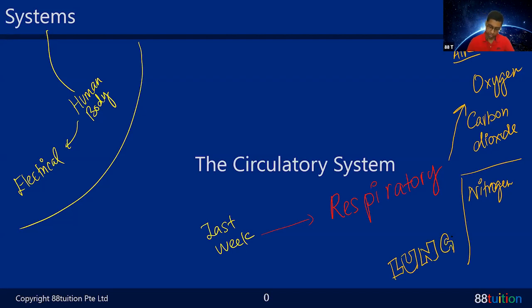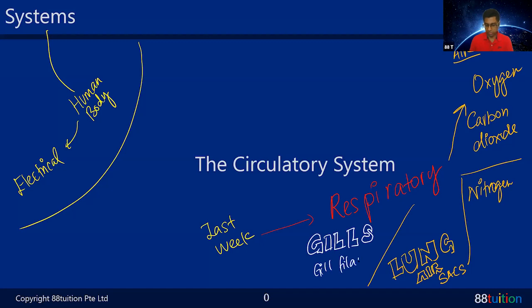And then we talked about lungs having air sacs. And then we talked about the fish having gills. Who has gills? Is it humans or fish? And then we talked about something called gill filaments. These are the stuff that we talked about last week on respiratory.